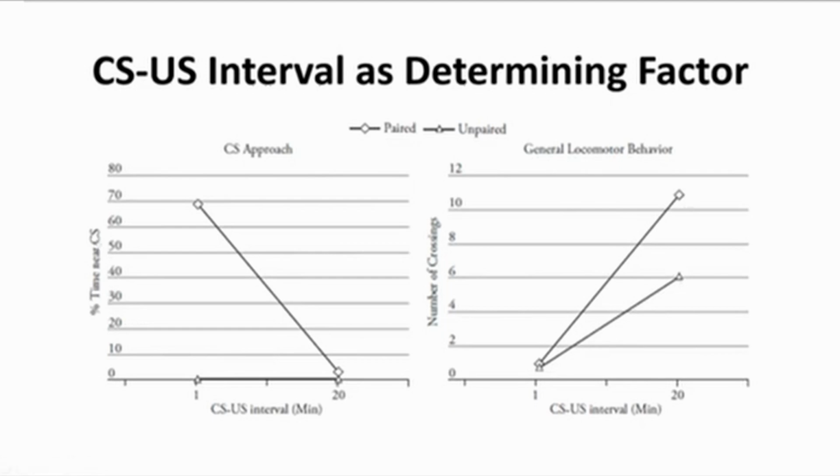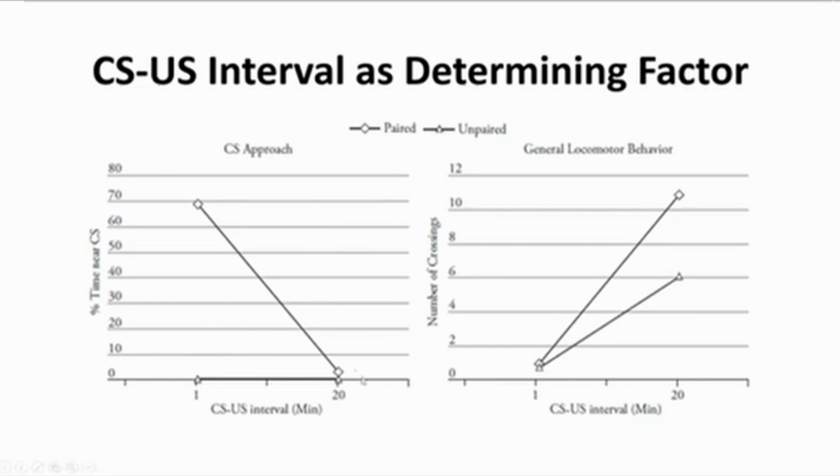So when they were exposed to a wooden block or a light or one of those pseudo quail models, whatever the conditioned stimulus was, for the 1 minute CS-US interval, we see that they spent a lot of time approaching and being near that conditioned stimulus. So if they knew that the unconditioned stimulus was coming soon, they would approach and stay in the area of that conditioned stimulus.